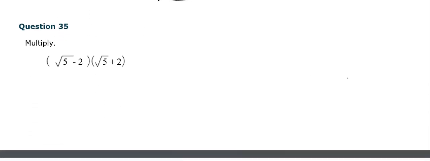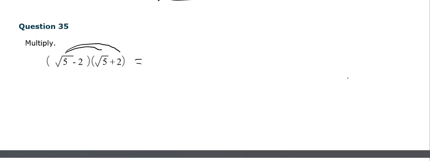Next, we're asked to multiply the quantity square root of 5 minus 2 times the quantity square root of 5 plus 2. So we're going to go ahead and use the distributive property again. And so we start by multiplying the square root of 5 times both terms.